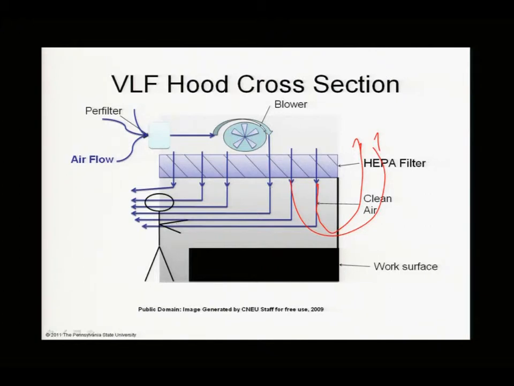So you don't want that to happen, especially if you're working with chemicals that could be contaminants or chemicals that could be dangerous, or nanoparticles. So you want this to not come out to the human. You don't want that to happen. You want this air to be taken out and exhausted. Human works here. This is the work area. The air is cleaned and exhausted.